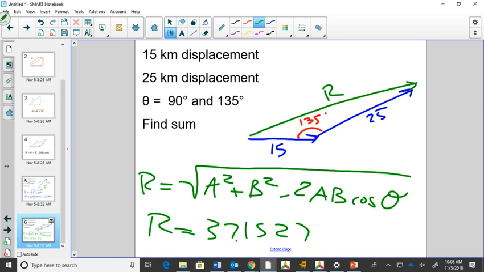How many significant digits are we going to round this thing to? To 2. Because 15 is 2, 25 is 2. Even though 135 is 3, we're only going to round to our least number, that's 2. So therefore, 3, 7, the 1 tells the 7 to stay the same. I ignore the rest of those. So therefore, R equals 37 kilometers.